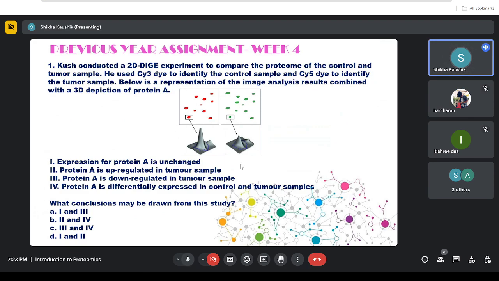Below is the representation of image analysis result combined with the 3D depiction of a protein A. So this is basically a 3D depiction of protein A here. So this one is normal and this one is tumor, right?